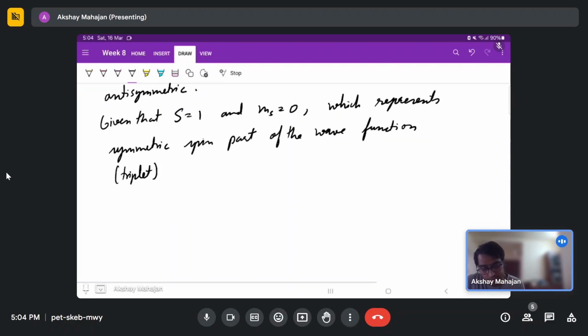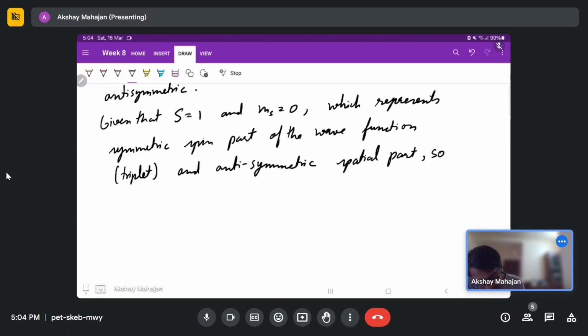This is capital S equals 1 and MS value is given as 0, which represents a symmetric spin part of the wave function, the triplet, and an antisymmetric spatial part, so that the overall wave function is antisymmetric.